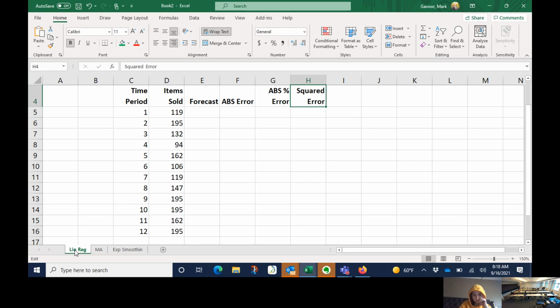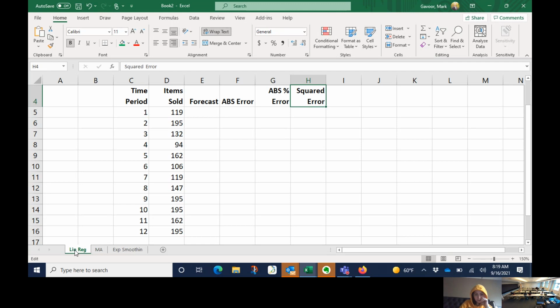Insert. That's okay. So it should be scatter diagram. And pick the first option. I would highlight all this. And then go insert. There, it's right there. So highlight it and then hit insert and do the scatter diagram.